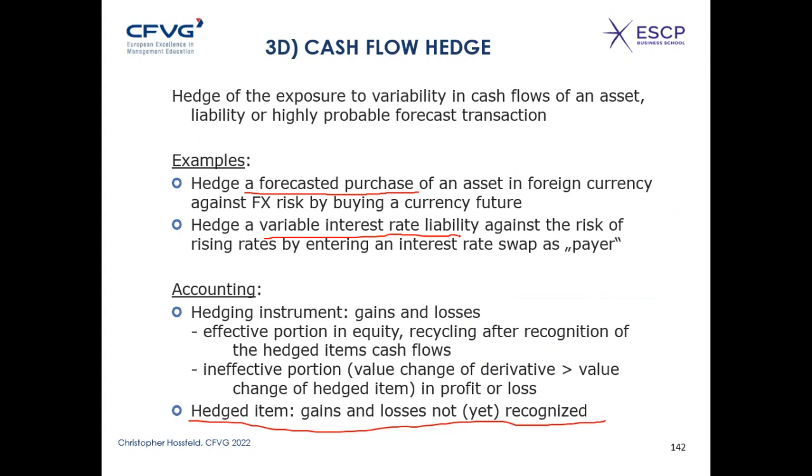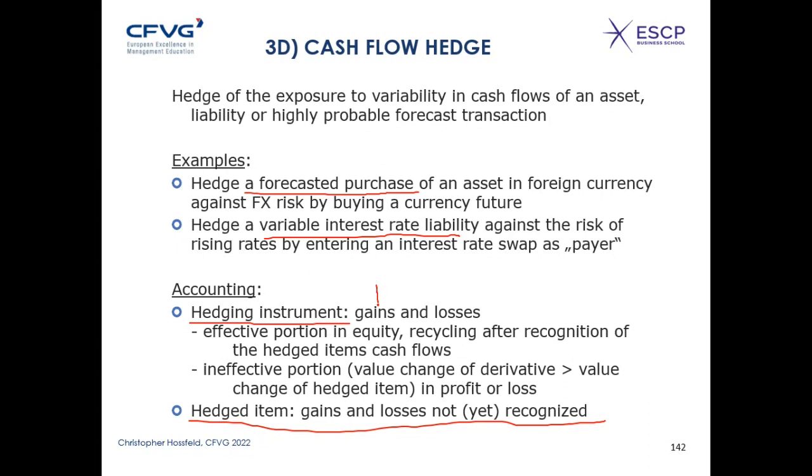That means the hedged item, well, basically there's nothing to do, mostly. There are some exceptions, but mostly there's nothing to do because the hedged cash flows are future cash flows and they're not yet accounted for. That means the only accounting I need to do is for the hedging instrument as such. And here we do the same thing as before. Remember, hedging instruments are derivatives mostly.